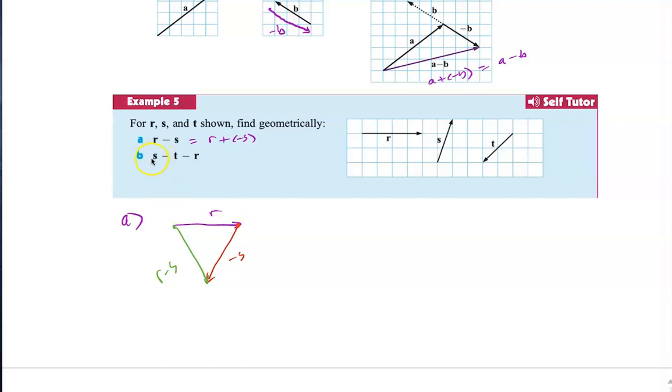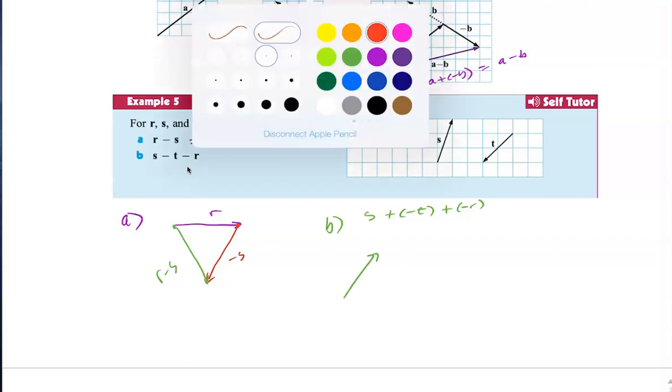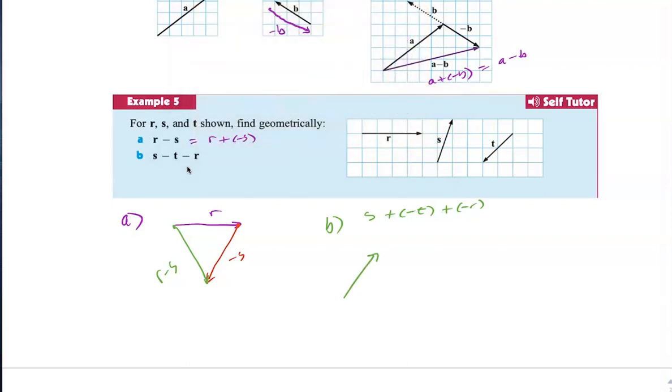How about B? Well, S minus T minus R, or S plus negative T plus negative R is the way I would see it. So S is going this way roughly. I'm going to add negative T, so going the opposite way. So kind of like this.